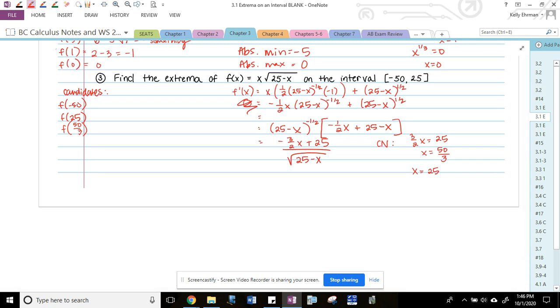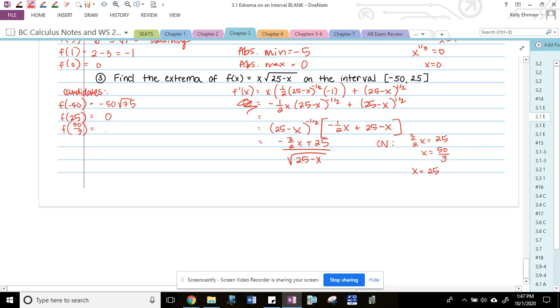All right, the last piece is to check all of these numbers. I'm almost out of time because our actual BC class is about to start, so I'm going to write down what I got when I plugged things in. You can pause this and check for yourself, but you get negative 50 radical 75. When you plug in 25, you get 0.